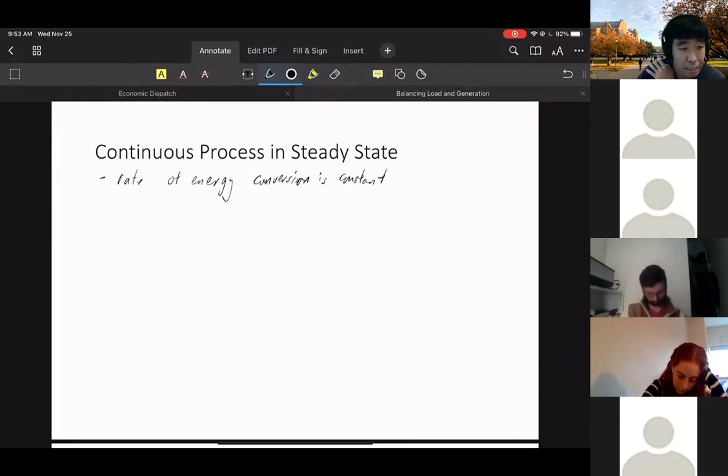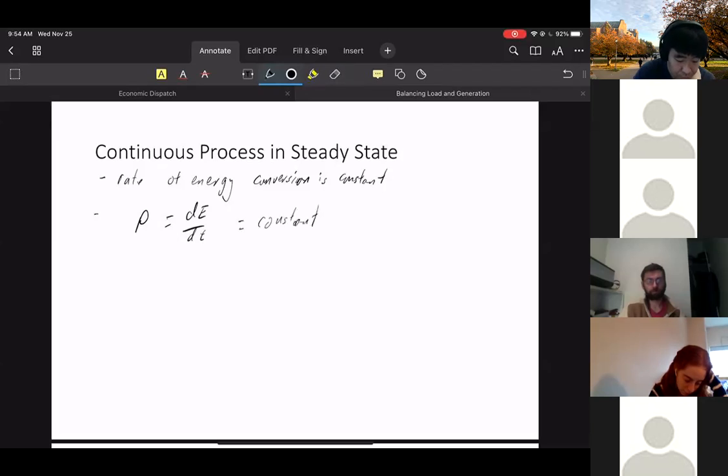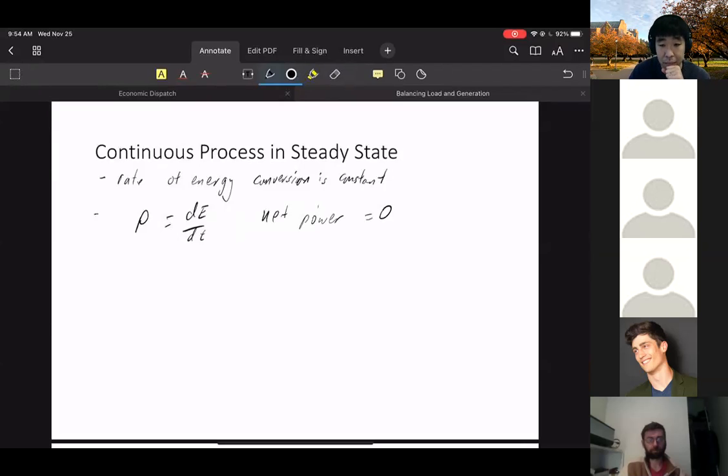So energy in equals energy out plus loss plus storage. So power is d/dt. Oh, sorry. This means the power is d/dt, so the net power equals 0, right? So net energy is a constant, net power is 0.